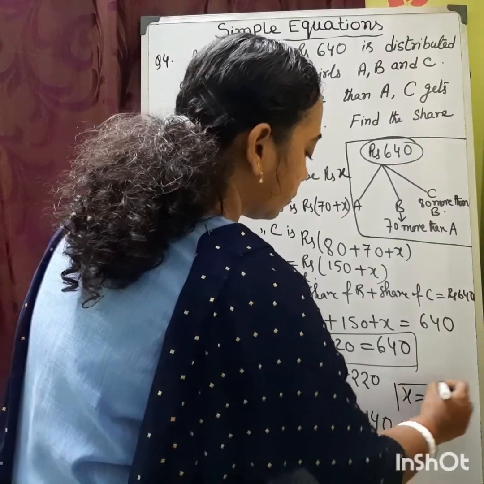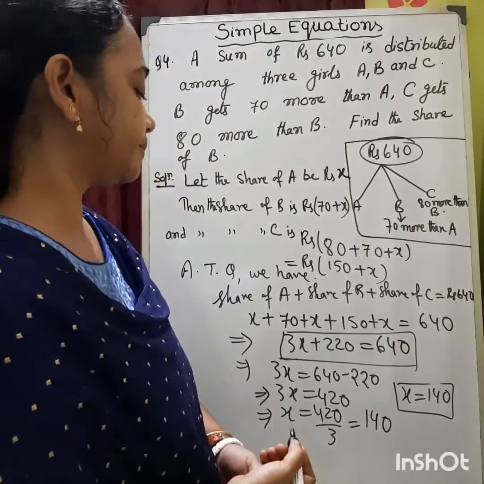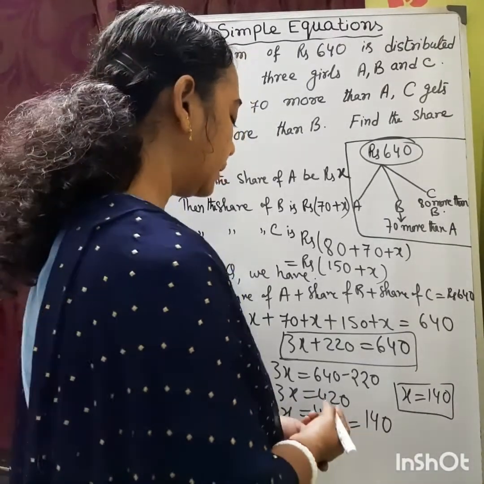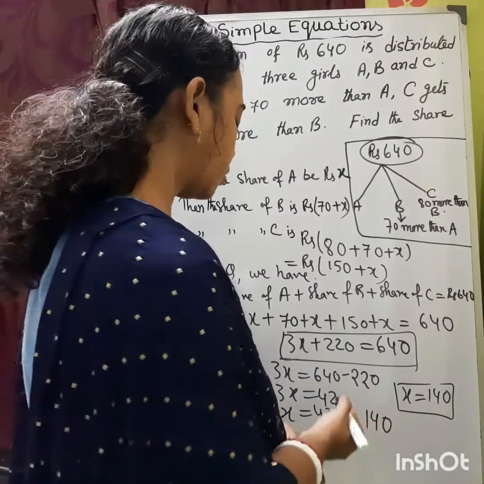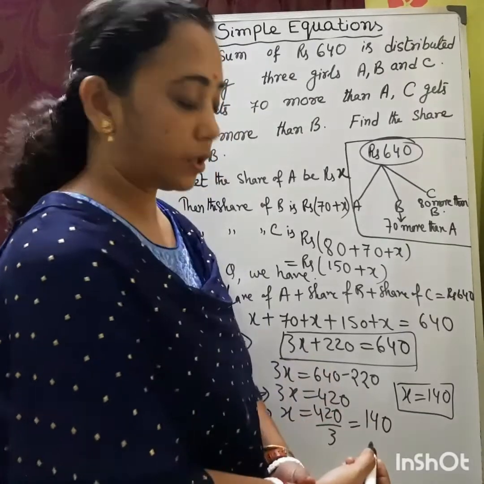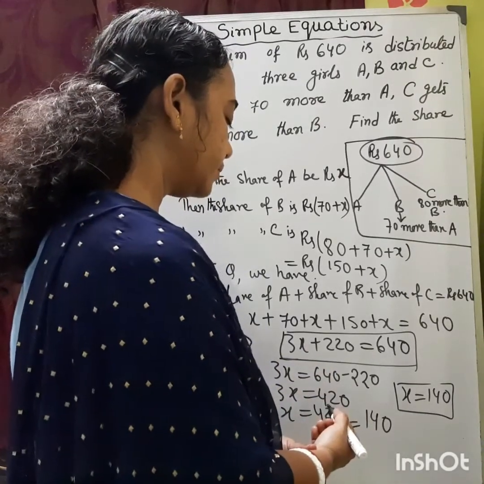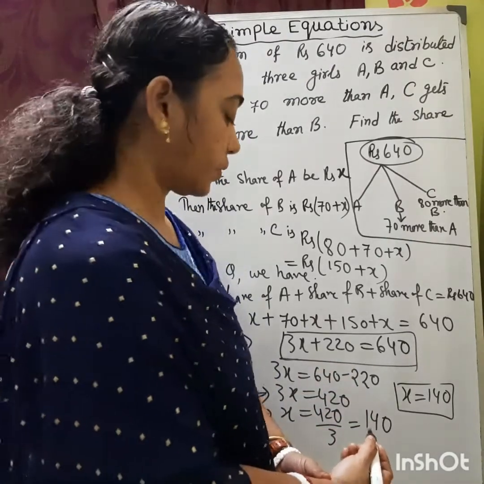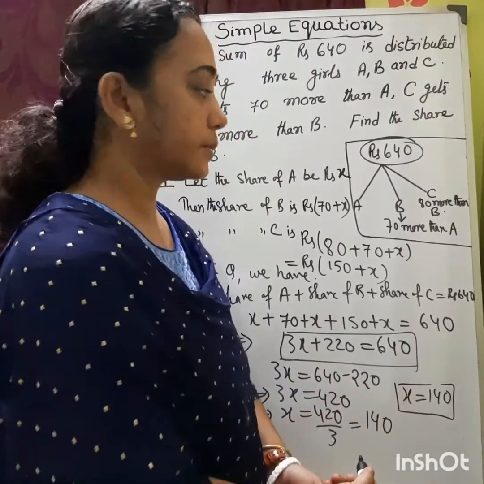That means x is equal to 140 is the solution of this equation 3x plus 220 is equal to 640. Let us verify that this solution is correct or not. 3 multiplied by 140 will give 420 and 420 plus 220 will give 640. So this solution is correct.